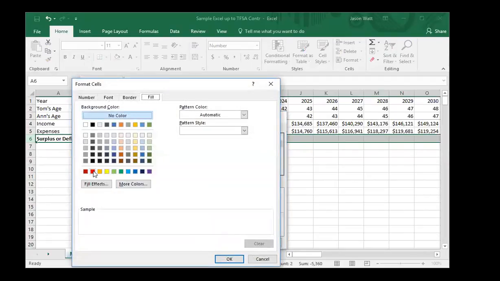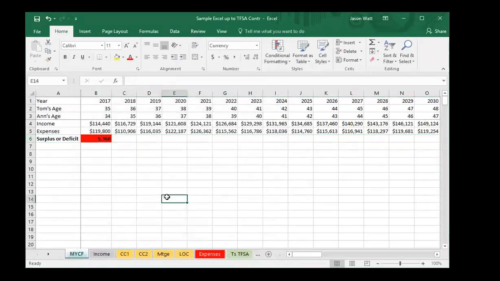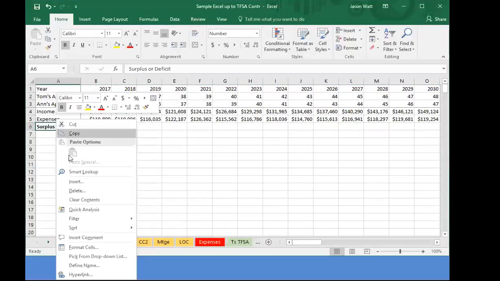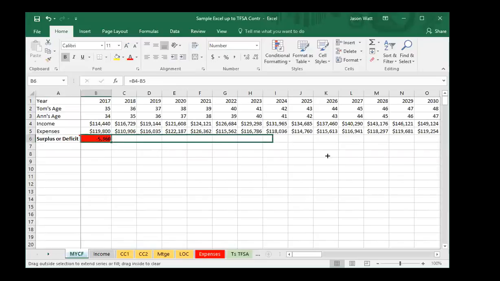And I'm going to make this a bright, obnoxious red, just like so. And now I can see any deficit year. And I'm going to put a little note here. So positive number is a surplus, and a negative number is a deficit. And we just copy that all the way across.